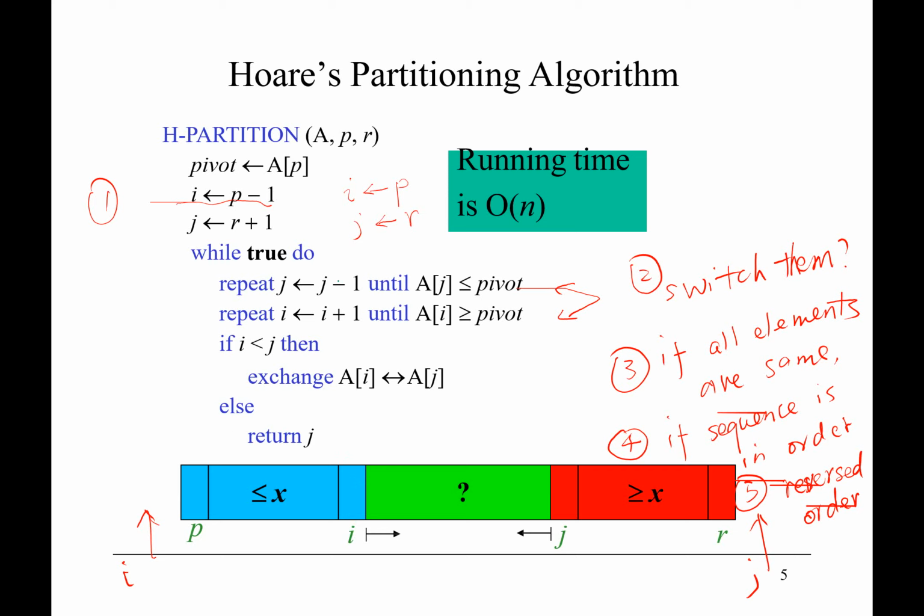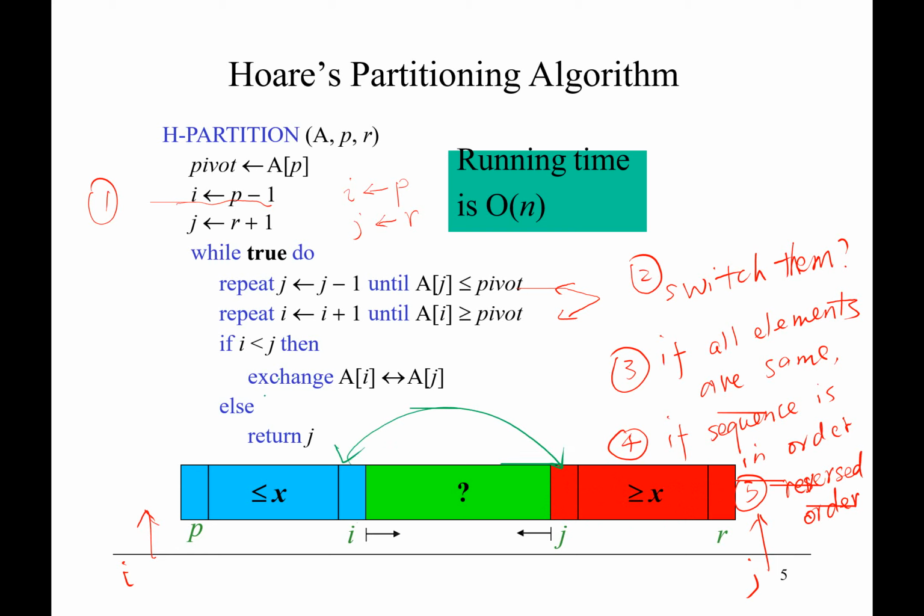We stop here in each iteration for I, and also for J we grow from the right to the left, and here the element at J cannot belong to the right region. Then we swap the elements in these two positions.